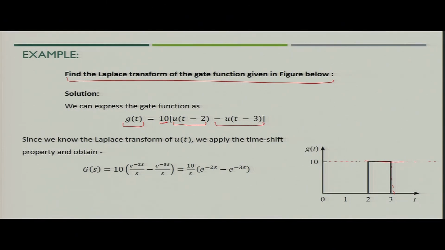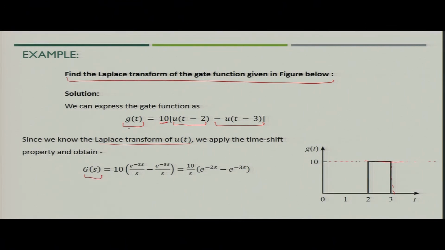So, g(t) is a combination of two unit step functions, one delayed by 2 time periods and the second delayed by 3 time periods. So, what you can write now, you can just take the Laplace transform of both of the unit step functions delayed by their respective time periods.